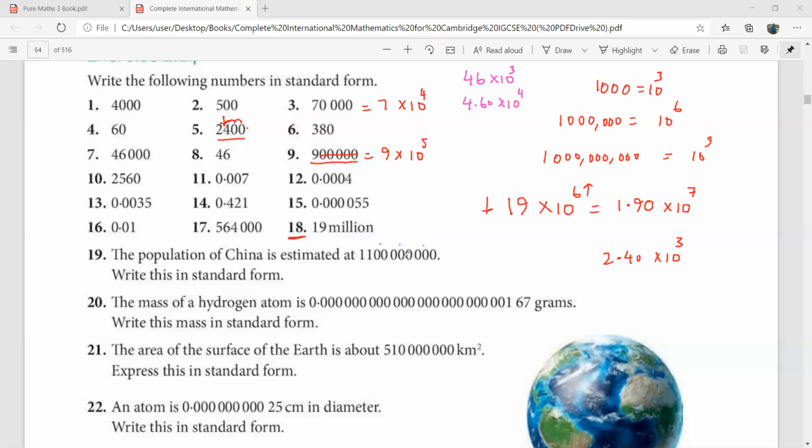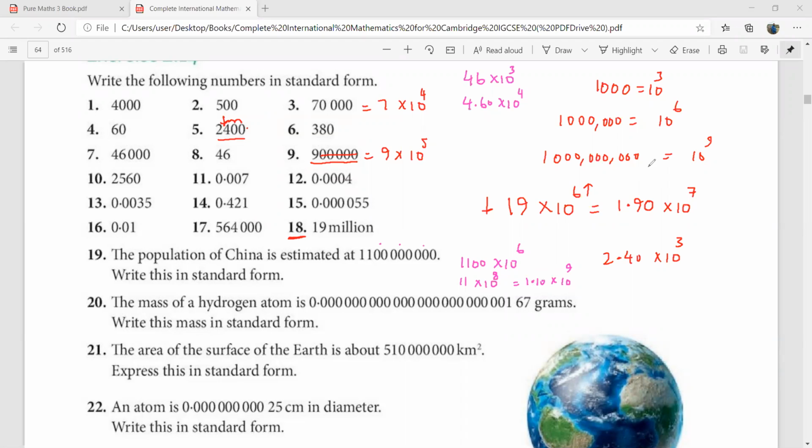This is 1100 millions, 10 raised to power 6. This can also be written as 11 into 10 raised to power 8. And then this is going to be 1.10 into 10 raised to power 9. So this is basically 1.1 billion.